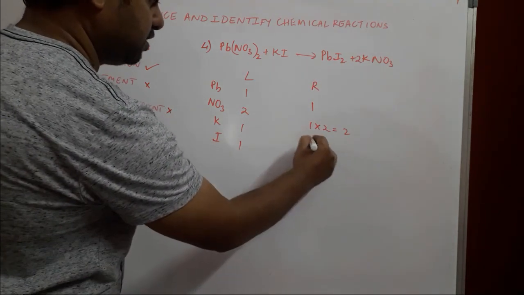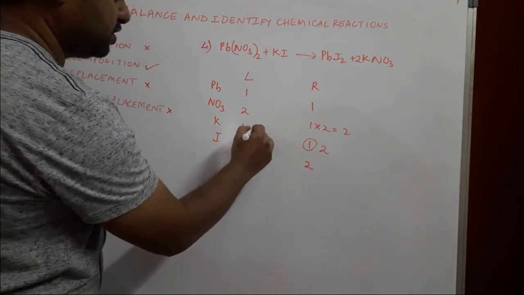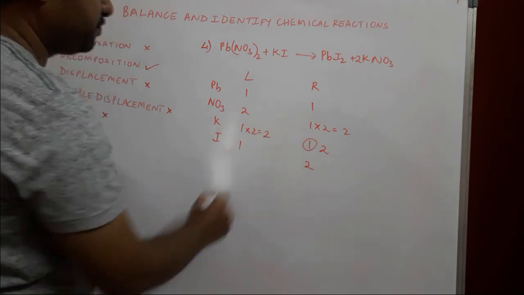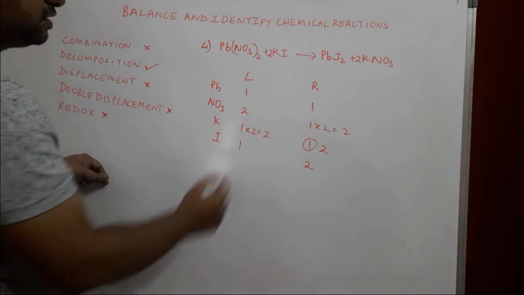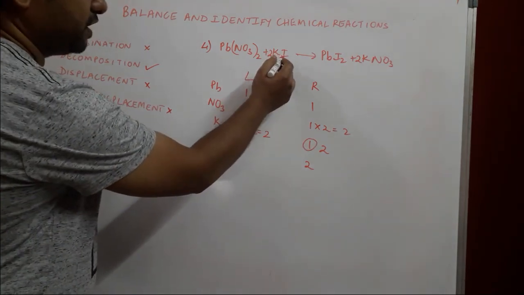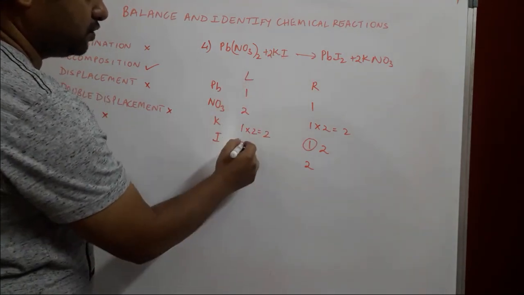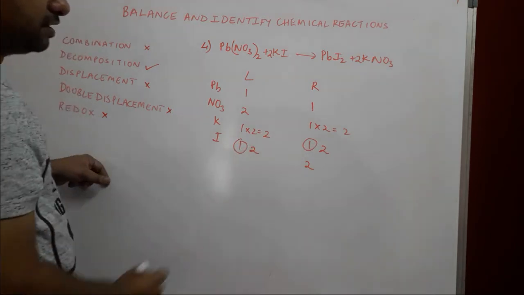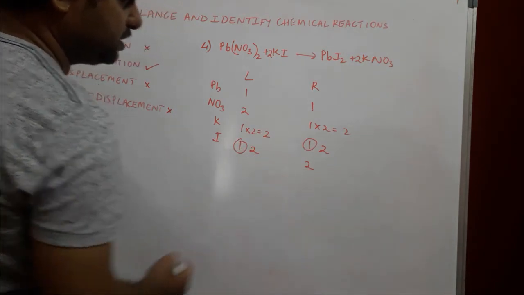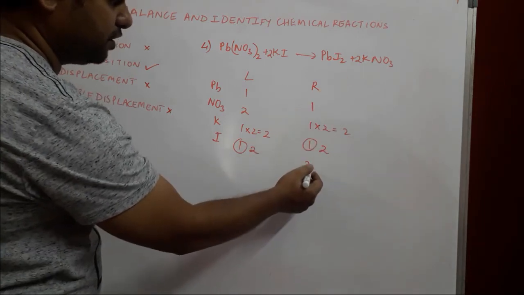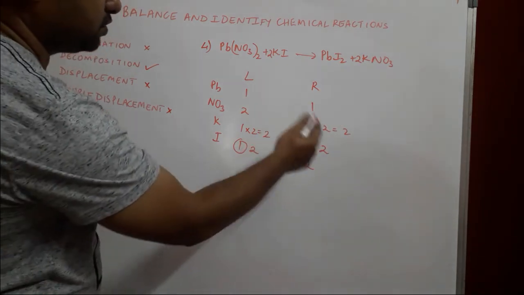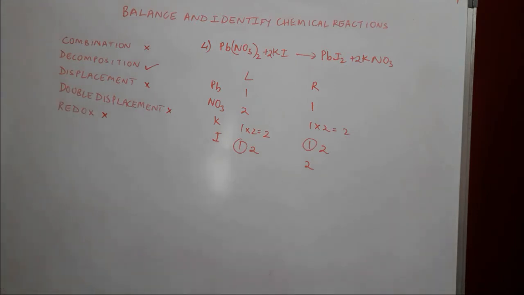To balance this on the reactant side, we'll have to multiply by 2, which means we'll have to put a 2 in front of KI. As a result, the number of atoms of iodine changes from 1 to 2 on the reactant side, and that already balances the number of atoms of iodine on the product side. Okay, so if you have a look now, everything is balanced.